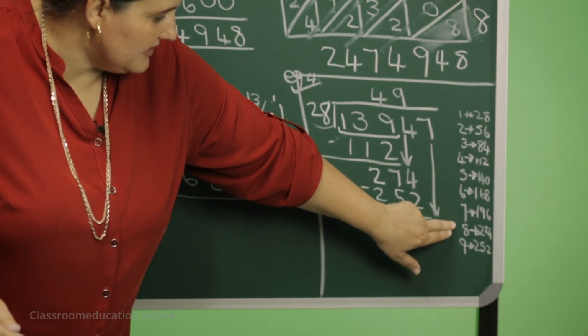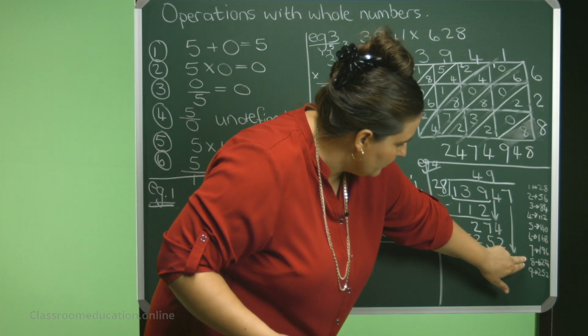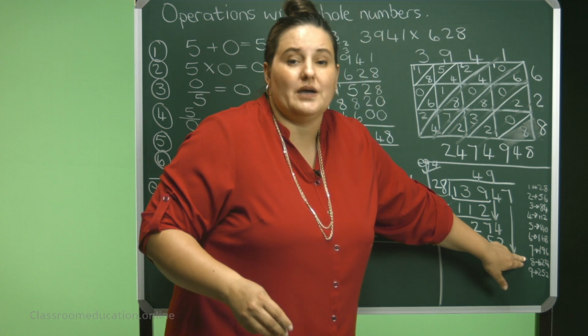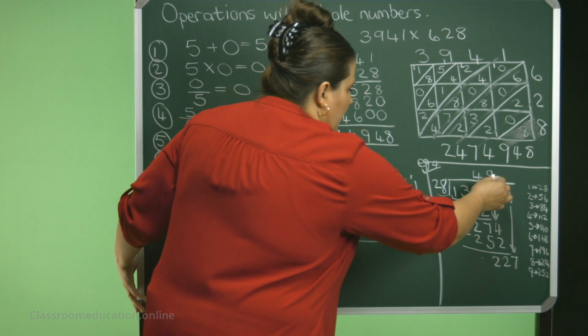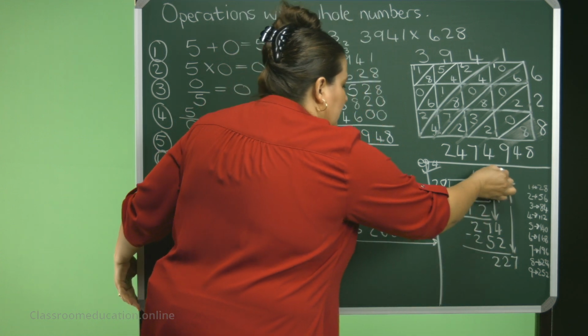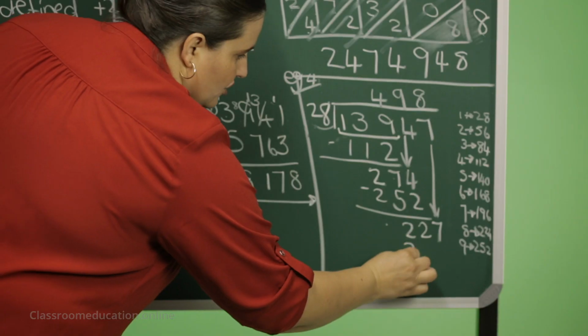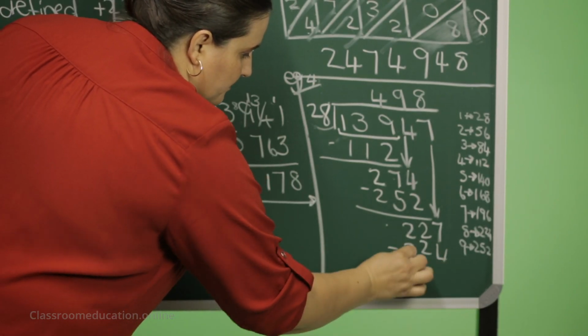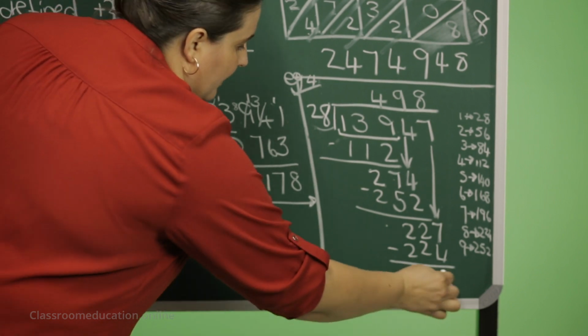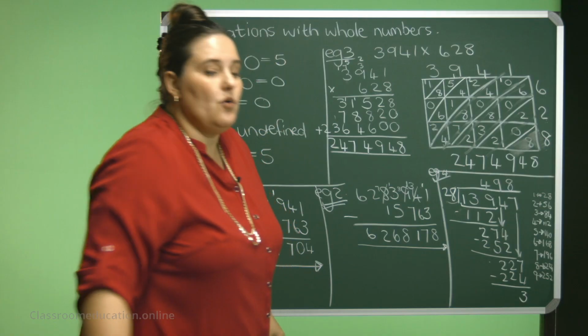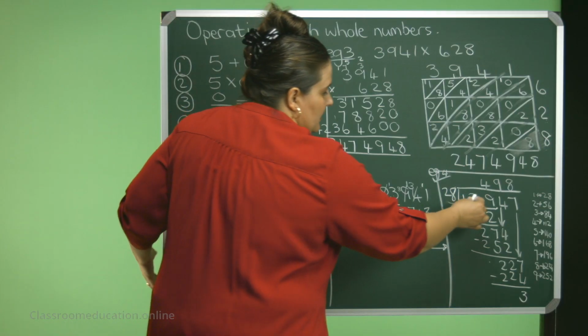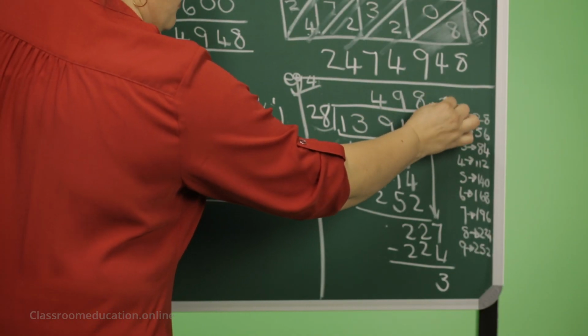At least 8 times. Maybe you can't see that well, but it's 224. So it can go into that 8 times. 8 times 28 is 224. So what's remaining? A 3. So what's the answer now? You can now say it's 498, remainder 3.